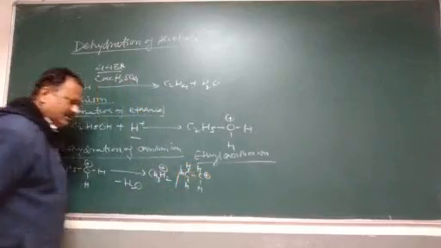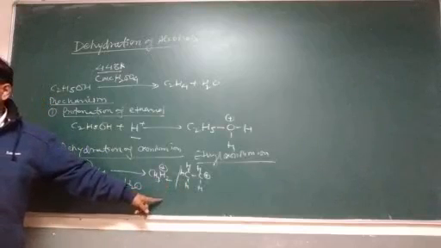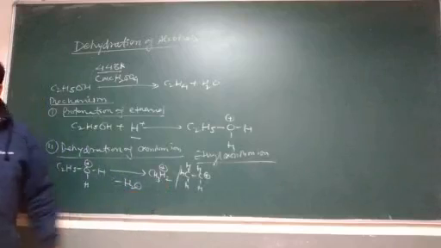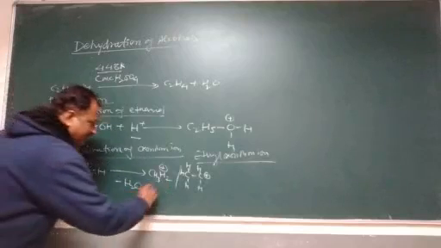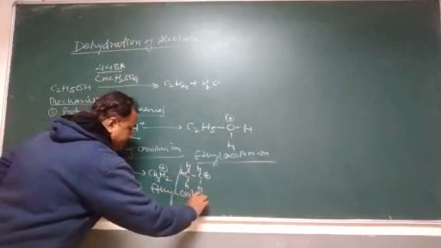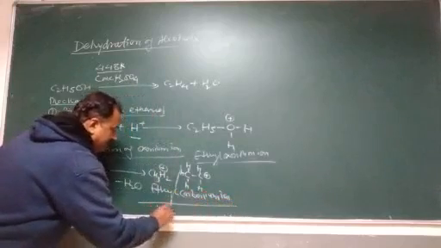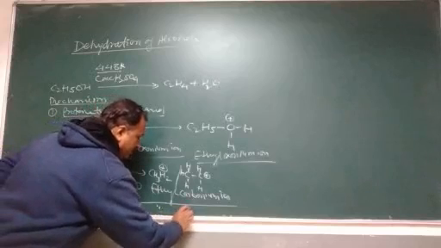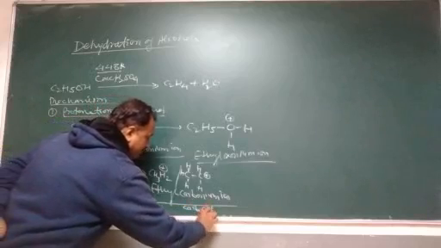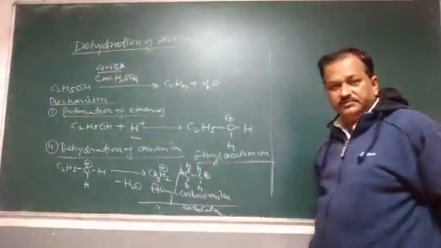Both are correct. So what is this? Ethyl carbocation, or ethyl carbonium ion. So this is the second step.